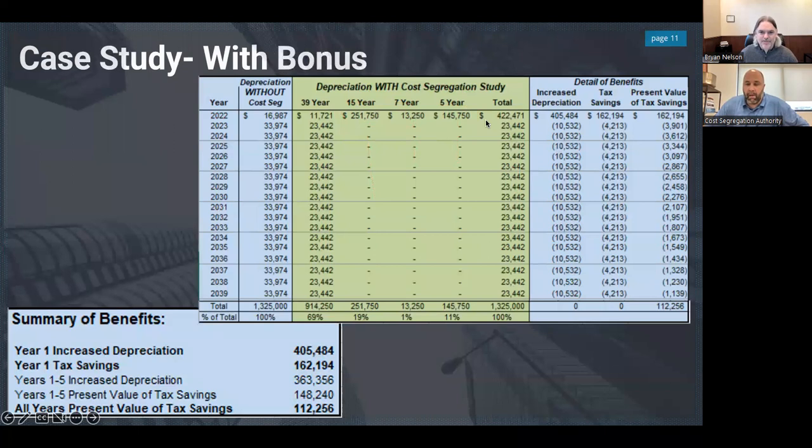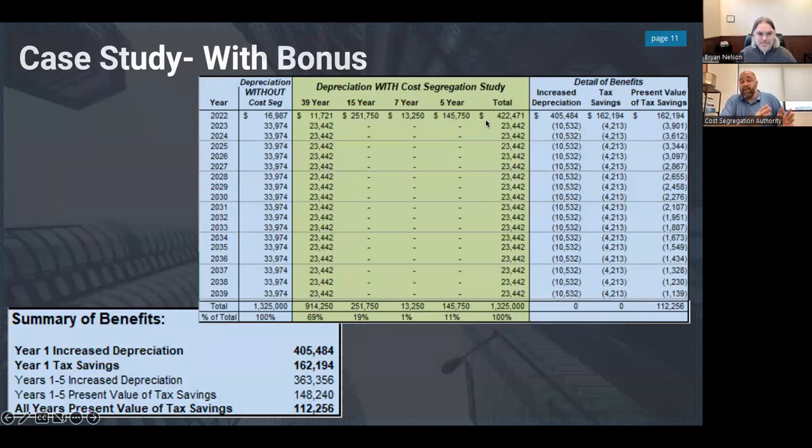Right. Yeah, I saw a lot of real estate investors trying to hurry to purchase before the end of 2022, but 80% is pretty solid. Right. Oh, 80%, 60%, 40% is still very solid because remember, we were doing cost segregation before there was any bonus at all. We're still moving stuff from 39 years to 5 years.